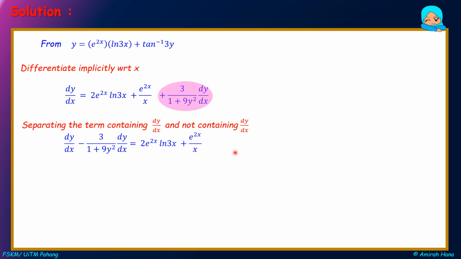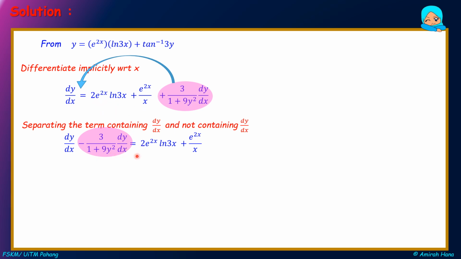The positive 3 over 1 plus 9y squared dy over dx is the term containing dy over dx. We move it to the left hand side, because now we want the term containing dy over dx on the left hand side. So we get minus 3 over 1 plus 9y squared dy over dx.